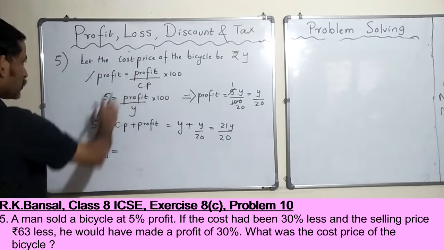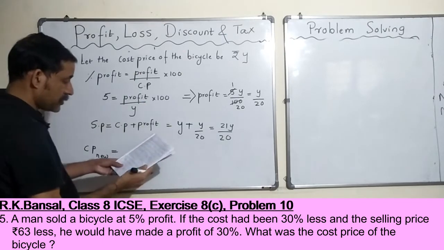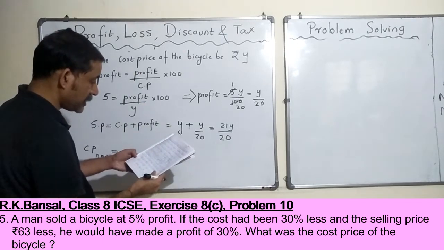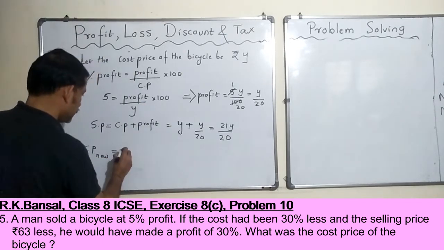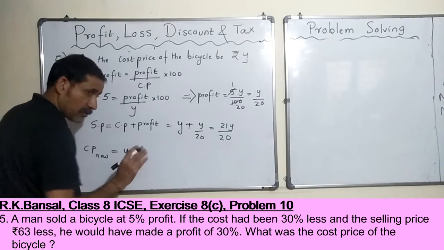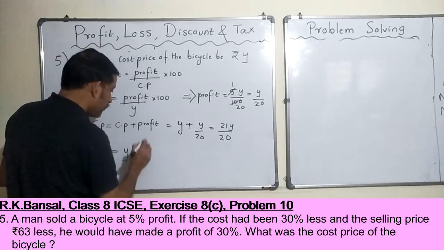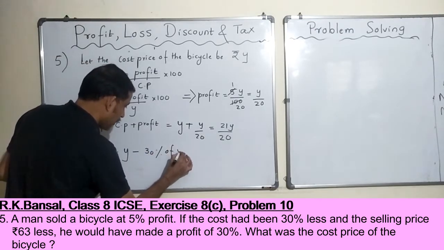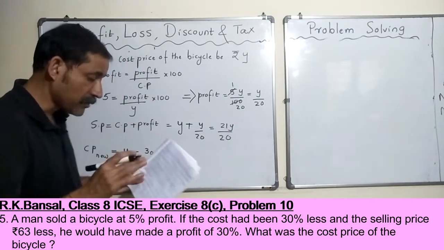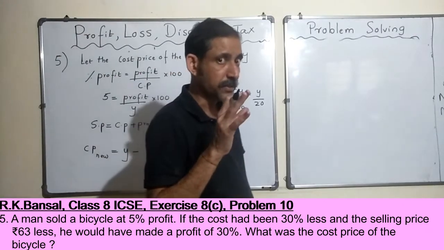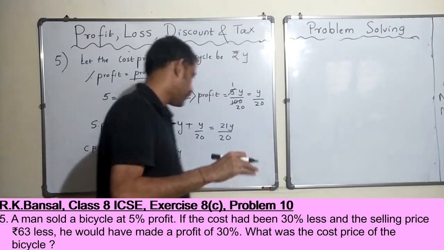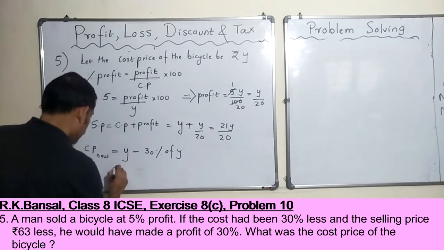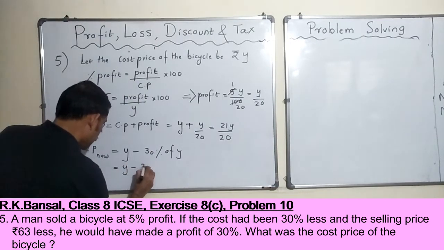This was our original story. Now we say that cost price is 30% less. So the new cost price is the current cost price minus 30% of y. Whatever my cost price is, I remove 30% of it and that will be my new cost price. So that is y minus 30 by 100 of y.